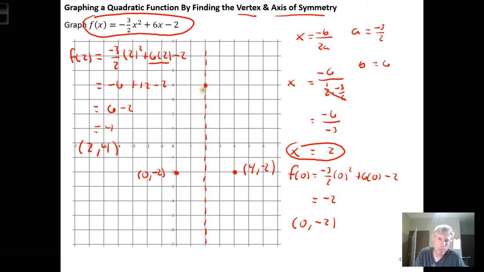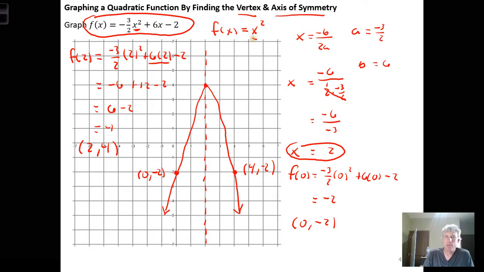Now we can get a quick picture by drawing a downward opening parabola. We can recognize that this parabola is going to be downward opening by recognizing that this x squared term means that this quadratic function is a member of the squaring family.